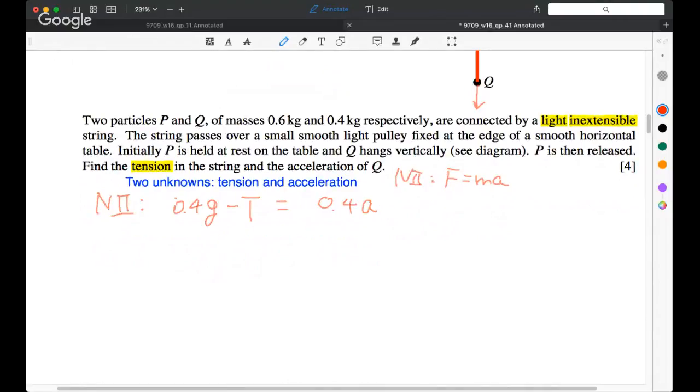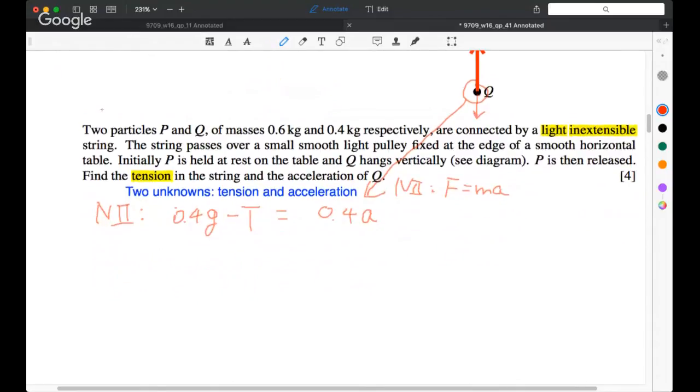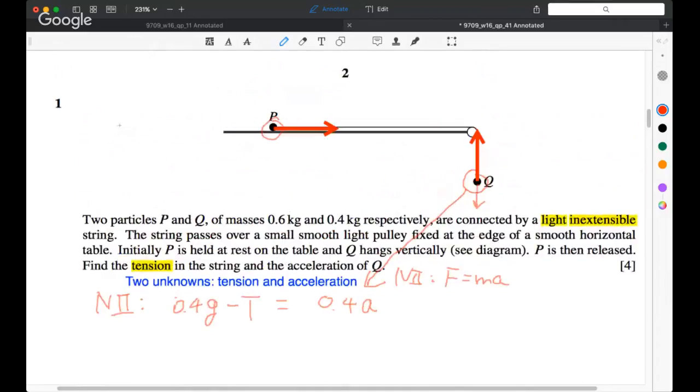But we have another equation coming from the object P. The first equation is coming from applying Newton's second law to the object Q. And what are the forces acting on the object P?